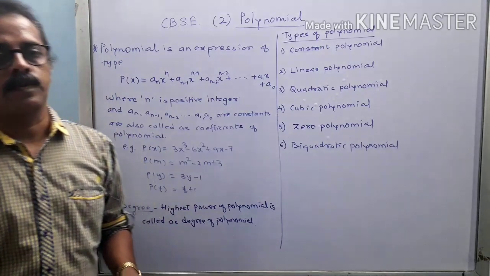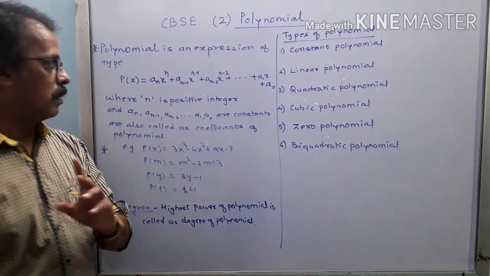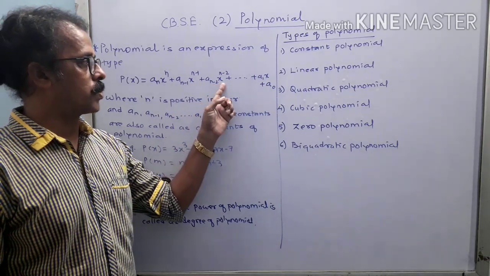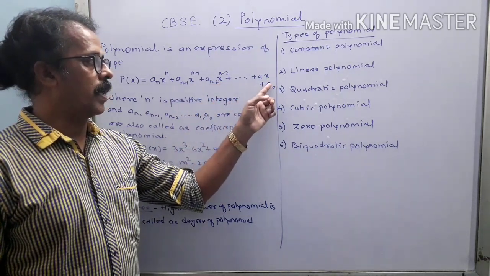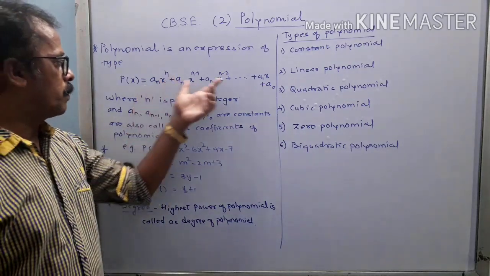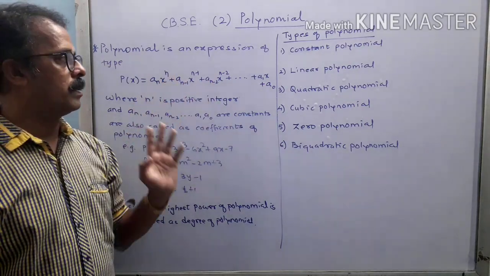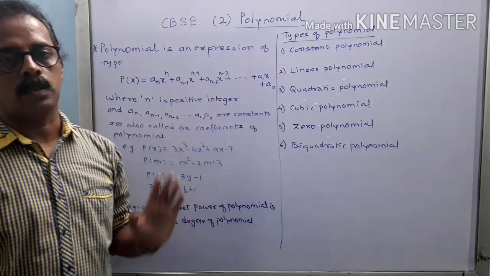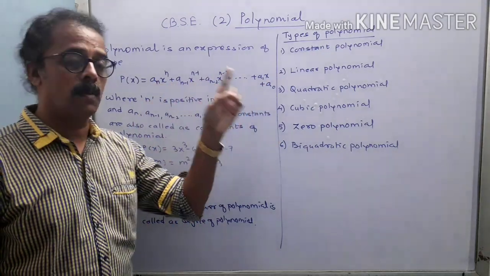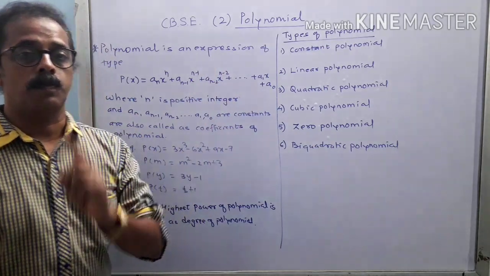Generally, it is an expression we write in a single variable. If you observe here, x raised to n, x raised to n minus 1, x raised to n minus 2, up to x, and here a0 into x raised to 0 means nothing but a0. In this particular case, n is a positive integer. So whatever values of n we are getting, they are positive integers. That means the index of every variable x is always a positive integer.